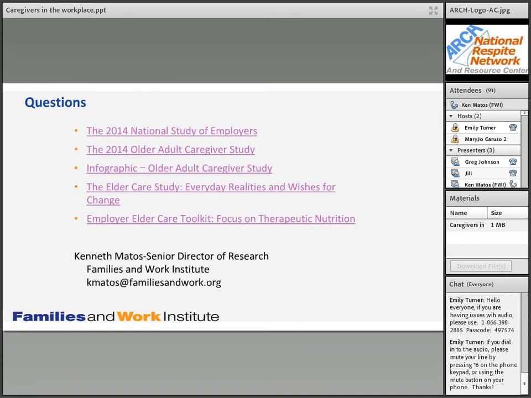And finally, we also worked with Abbott to create a toolkit for employers around elder care, specifically on the importance of therapeutic nutrition and how that can help improve the care recipients' outcomes, and thereby keep employees from being distracted by having to go through the hospitalization cycle where someone comes out of the hospital, they don't get sufficient nutrition, they end up back in the hospital, and the employee is continuously pulled away from work as a result.